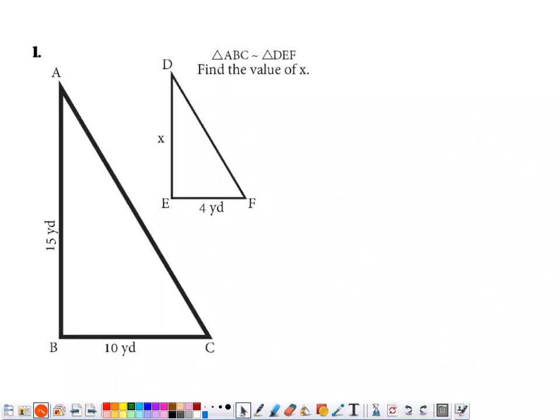All right. So if you open up your foldable, find a page that looks like this. So we're doing the same thing, but we want to find the value of x. Value of x is the length of what side?